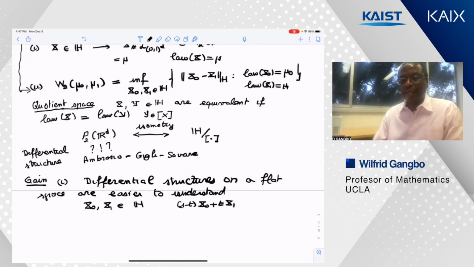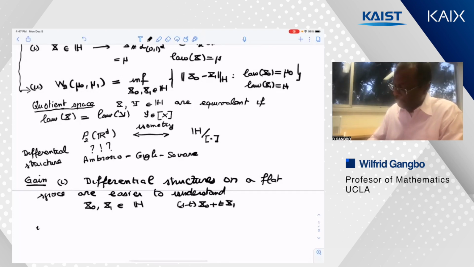And I want to argue later that the differential structure on the set of probability measures is the same as interpolating between random variables.